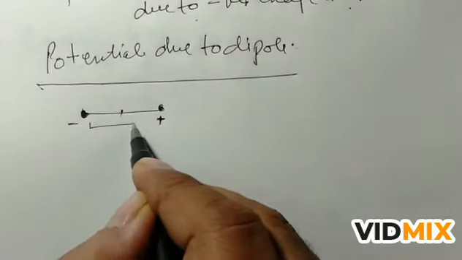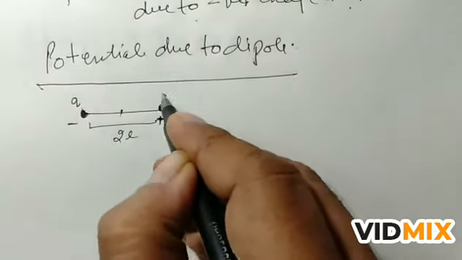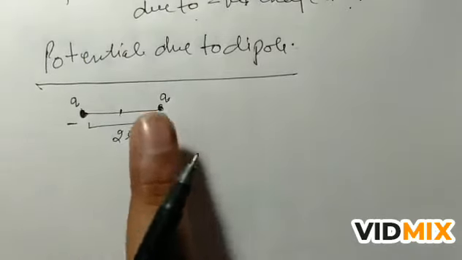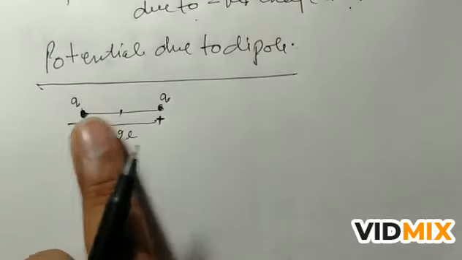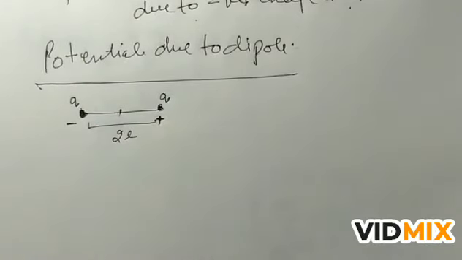This is 2L, this is minus Q, and this is plus Q. This is known as a dipole. Two equal magnitude but opposite charges kept at a small distance: this system is a dipole.